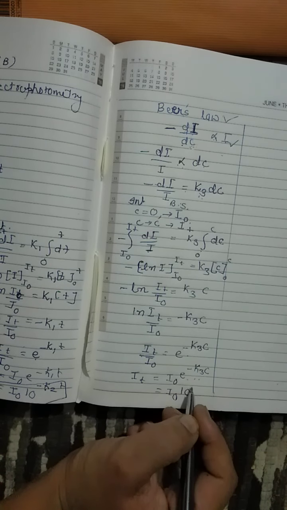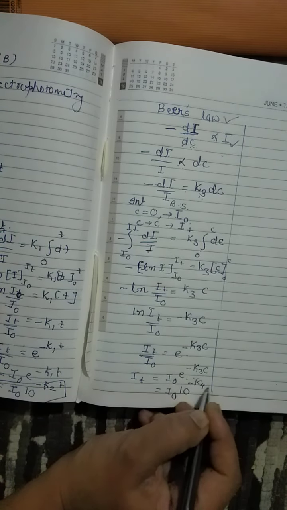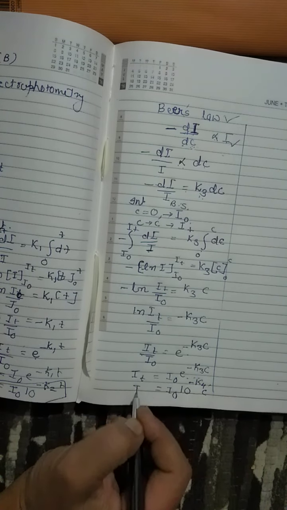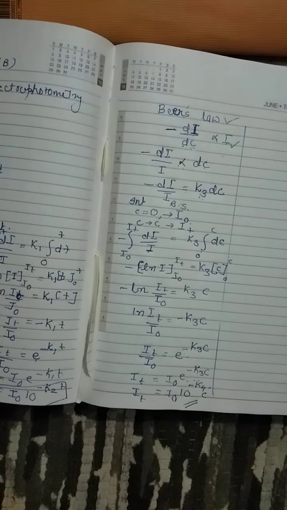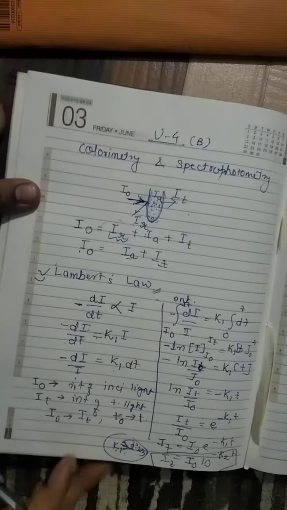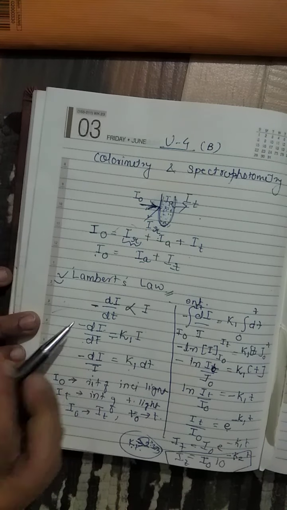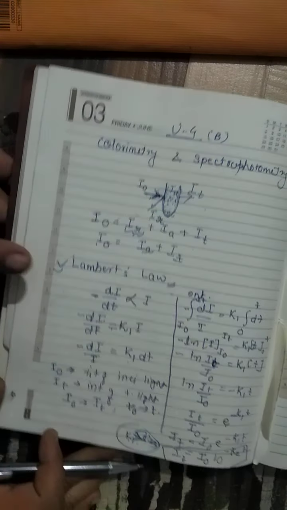This will be converted into another constant, so it is minus K4C. This is the other formula which is given by Beer. The first law was given by Lambert. If you remember, in the last video we have seen how it was solved using the same integration.